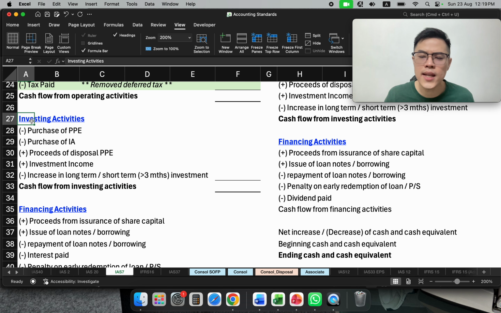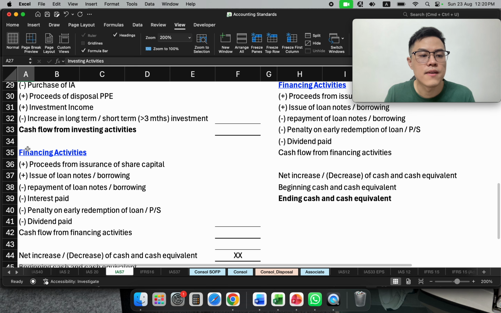Or any investment that I previously bought and decided to divest, meaning I want to dispose of it, the proceeds of the disposal I report in investing activities. Likewise, we have financing. Investing is where we are spending money, in most examples. Financing is where we get money from our shareholders or borrow from loan holders.